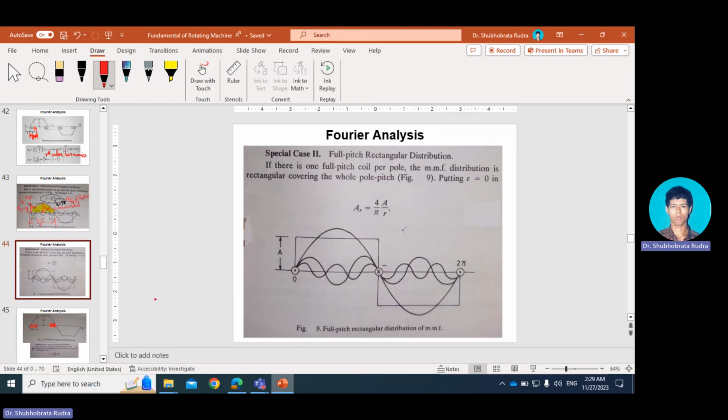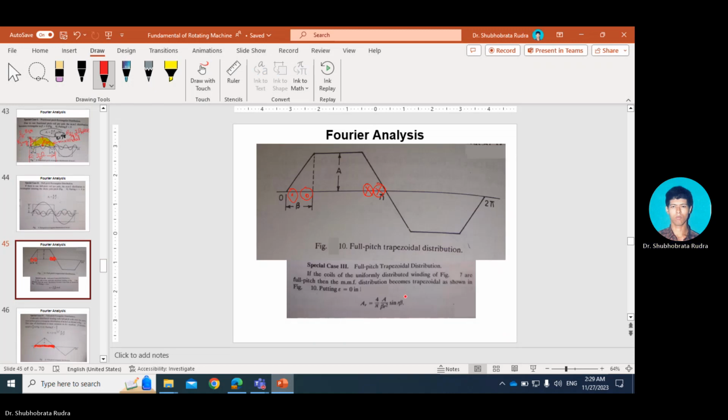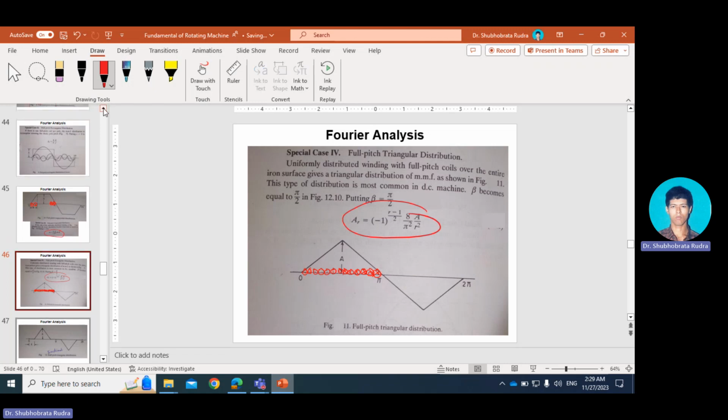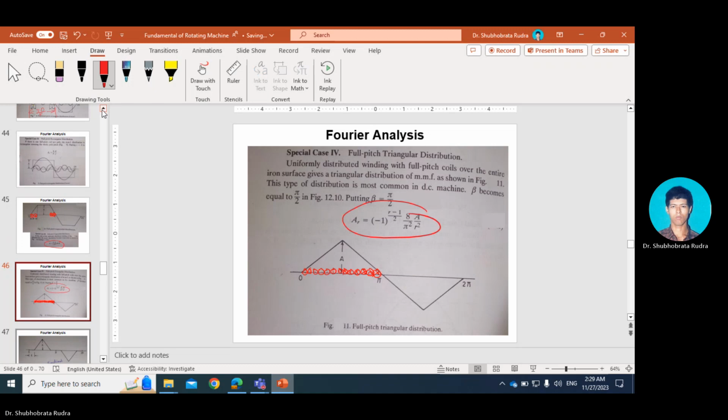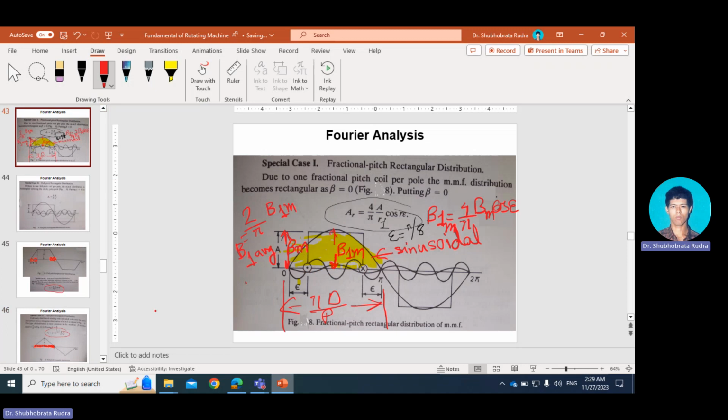If you have this one, your equation is slightly changed. For a trapezoidal rotor MMF, you have a different equation. For a triangular rotor MMF, you have another equation. But unless mentioned, we will assume that our waveform has this kind of equation.